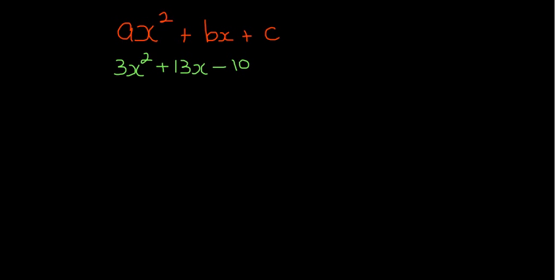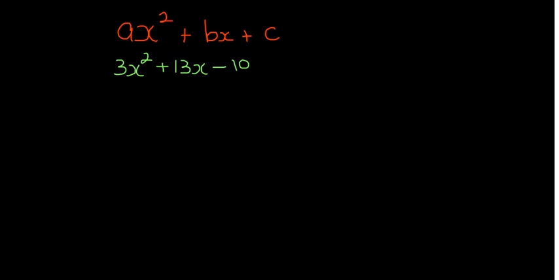Anybody want to tell me what's the first thing you need to do if you're going to factorize? Lovely. Let's identify A, B, and C. So where do we get A, B, and C from? Coefficients. Lovely. So yes, let's talk about the coefficients.